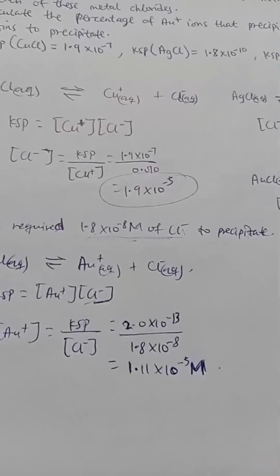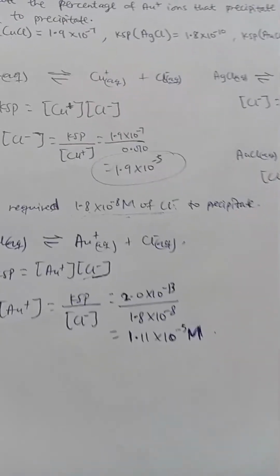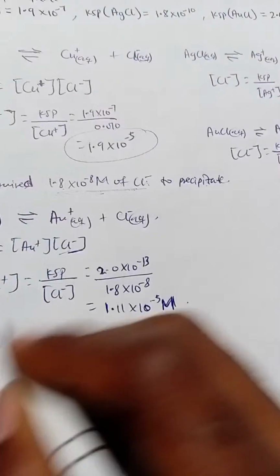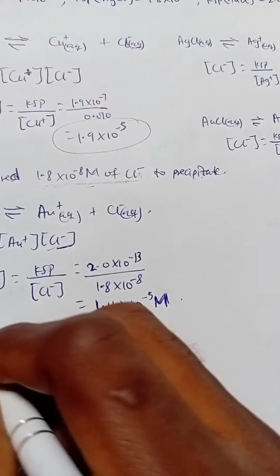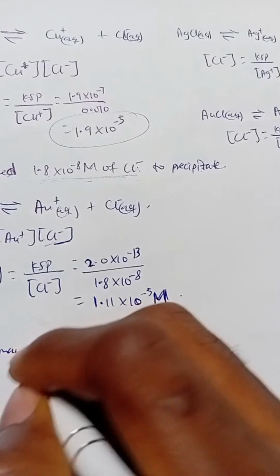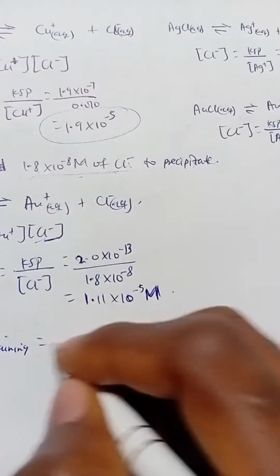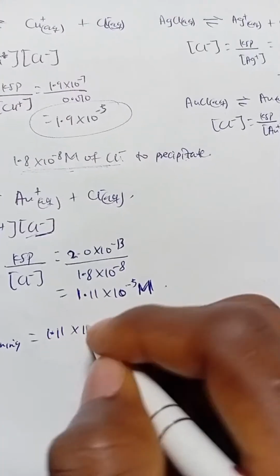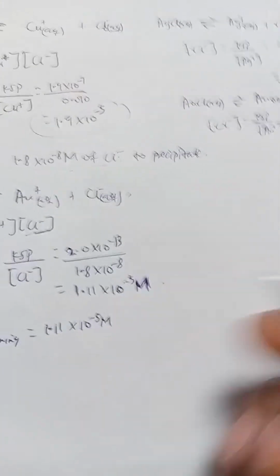Find the concentration of Au plus that's precipitated. So now the concentration of Au plus remaining in the solution is 1.11 by 10 to the power minus 5 molar.